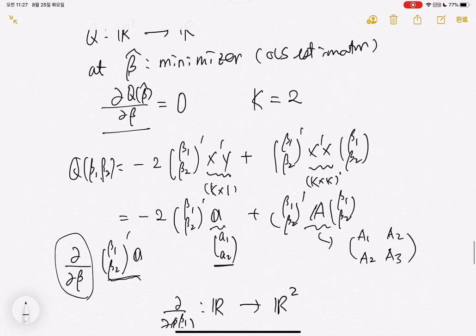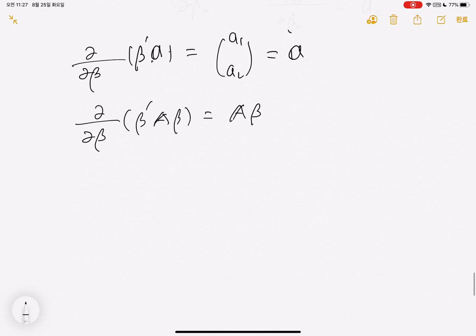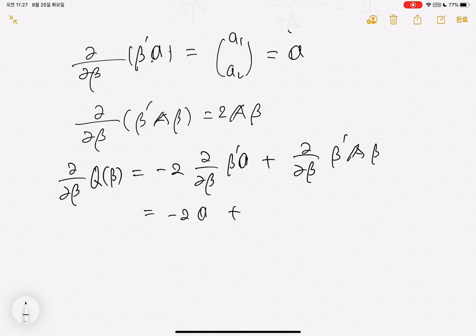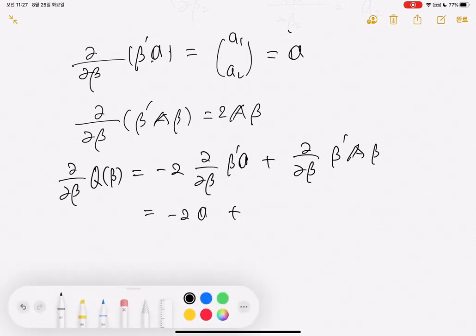So eventually what you get here is partial Q of beta over partial beta is minus 2 partial beta prime a plus partial beta prime a beta, which is minus 2a plus, oh sorry, I meant, let's make it clear.